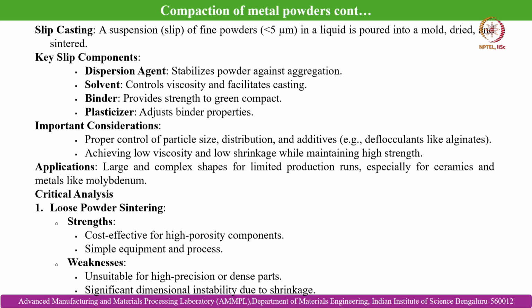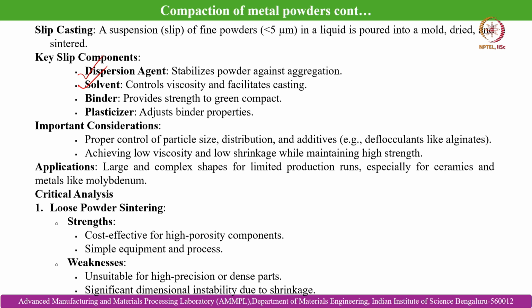Other than the dispersing agent, there is the solvent, which controls the viscosity and facilitates casting. Casting means it is dealing with the flow of a liquid melt, in this case a slurry, where the powder particles are suspended within a dispersion agent and the solvent.